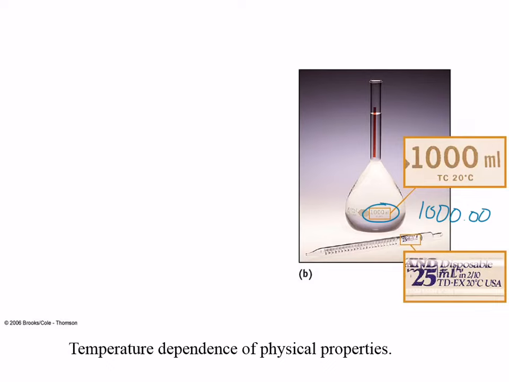My point here is notice that it says TC. TC means to contain, and it gives a temperature. So it was calibrated at a particular temperature. So by golly, if you need 1,000.00 milliliters at a temperature of maybe 30 degrees Celsius, that's not going to do it for you.